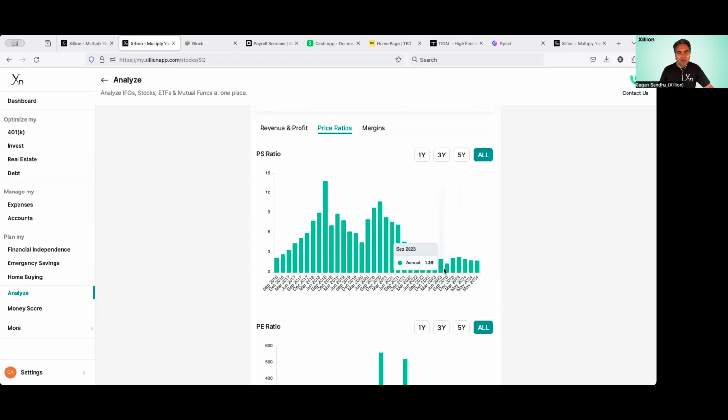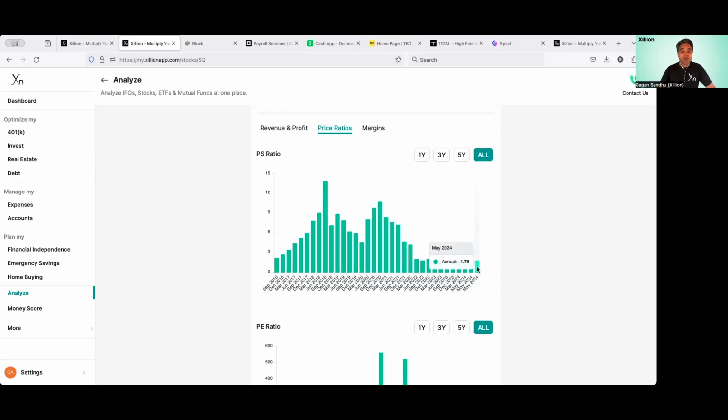Last September, October, the stock was really, really cheap. I think it dropped to like $40. So price to sales was barely above 1. For a high growth company, that's unprecedented. And even now, if you look at it, 1.79, the last time you saw this ratio was almost 9 years ago when the company went public.